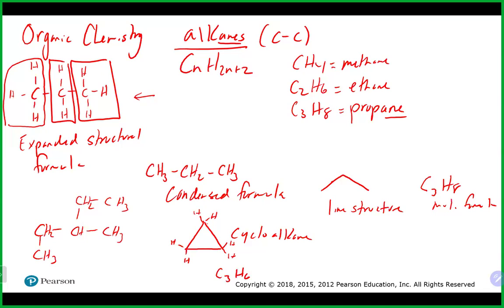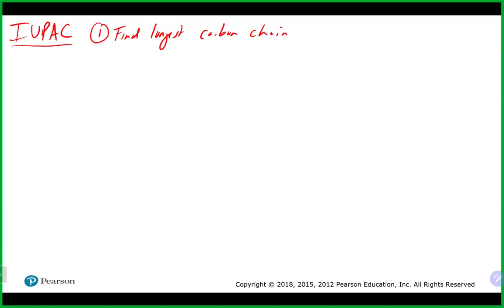We talked about naming, and when we name alkanes, we typically go by the IUPAC way of naming, International Union of Pure and Applied Chemistry. With this, we always want to find the longest carbon chain. We then want to find the groups that are attached.